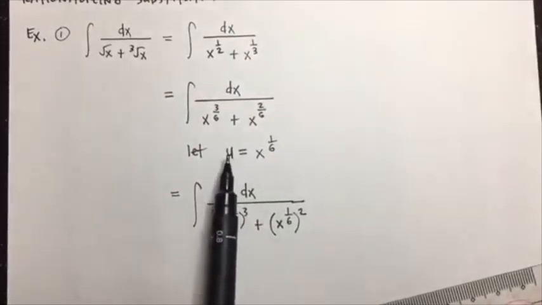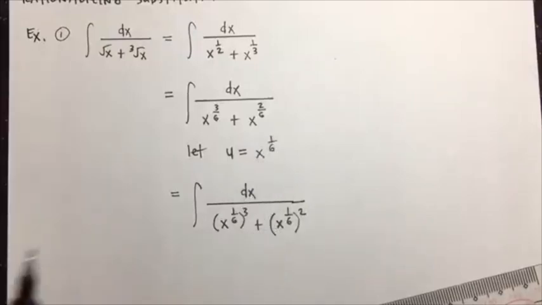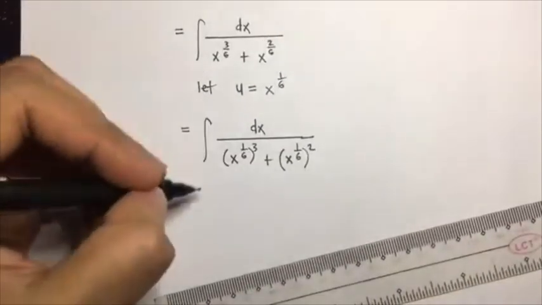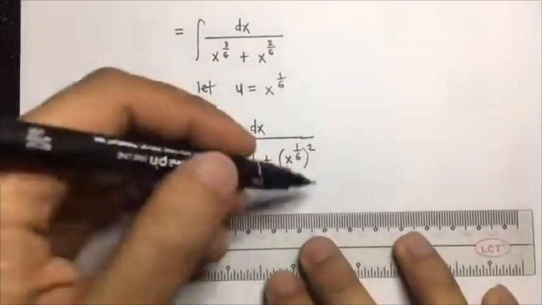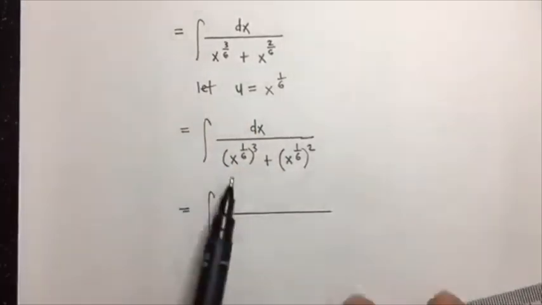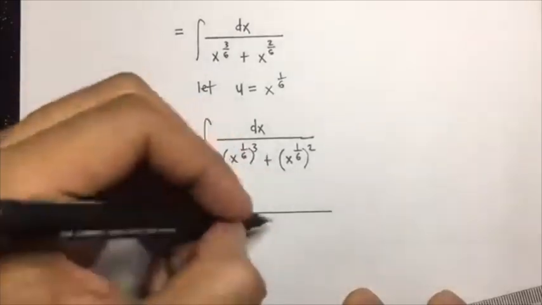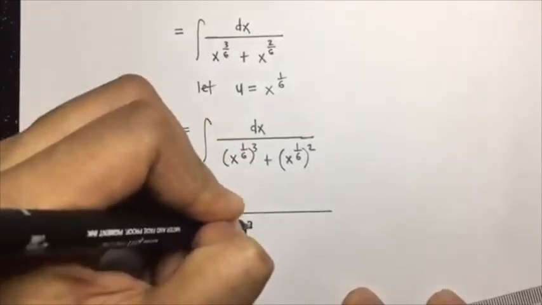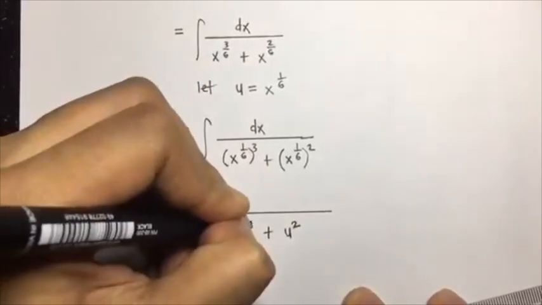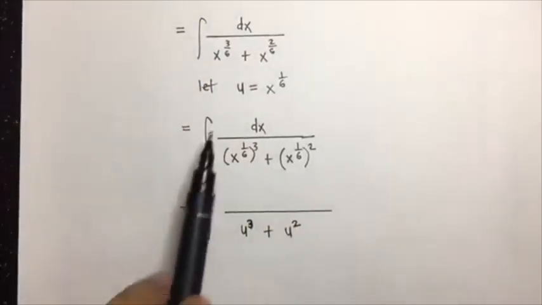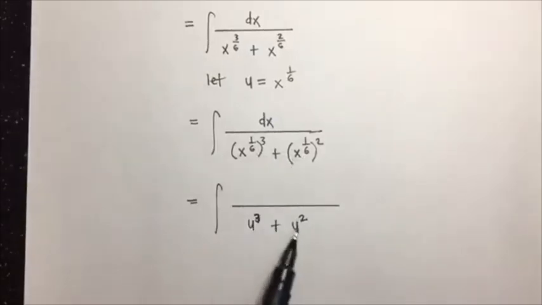If we let u as x raised to 1 over 6, this will now become the integral of, the denominator will now become u cubed plus u squared, since we let u as x raised to 1 over 6.